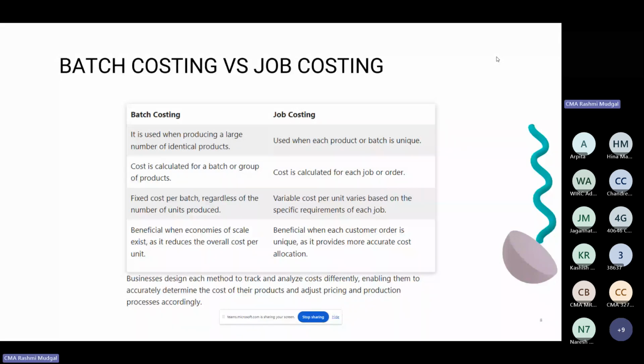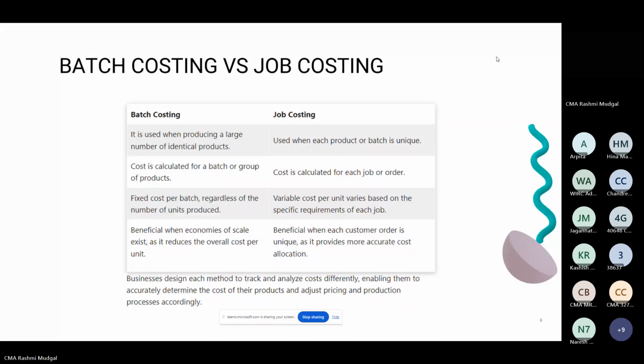See, businesses track and analyze their costs differently as per their requirement, their management decision, and their business. Pharma doesn't work on job costing; things come with the flow.